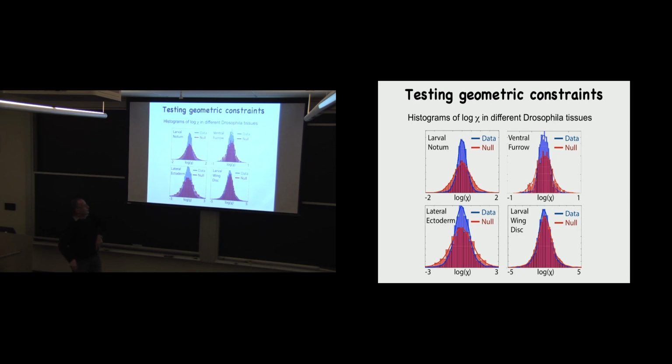The ratio is supposed to be 1, so the logarithm is supposed to be 0. And what you see here is that these observed ratios indeed pile up at 1, at 0. But then, of course, maybe they always have to pile up at 0.